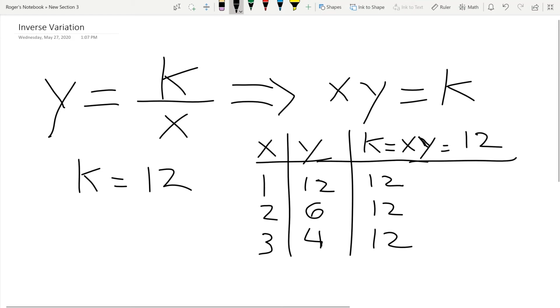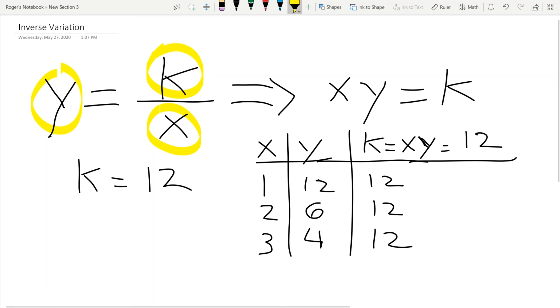If you know the constant k and you know x or y, you can find the unknown, because there are 3 things here: y, x, and k. We have 3 numbers that we're going to be dealing with. If you know any 2 of those, you can always find the third one. Okay?